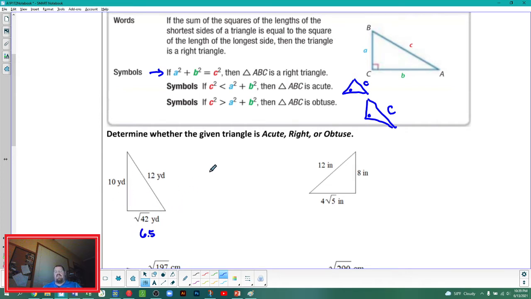I want to figure out if this gives me a right triangle or whatever it gives me. So the first thing I do is take the longest side and square it, and I'm trying to relate that to the other two sides squared and added together. We have the square root of 42, and I want to square that.